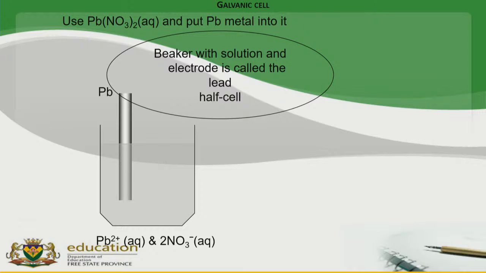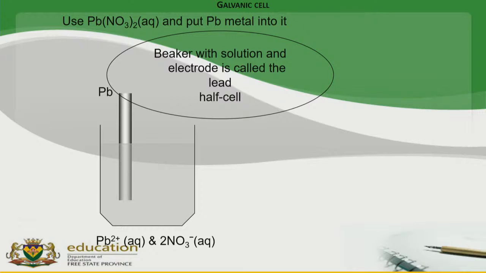There must be a lead electrode as well as a solution that has lead ions. That solution, which we call an electrolyte, must be soluble in water so that it can produce ions. Which ions? The lead ions and whatever negative ions. In this case, we had lead nitrate, so it will be lead ions and nitrate ions.